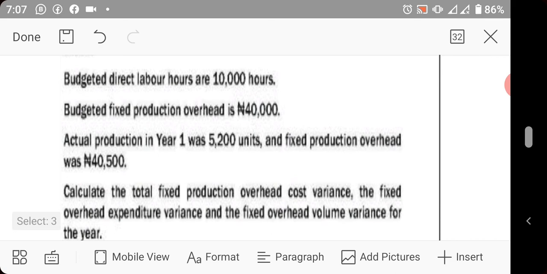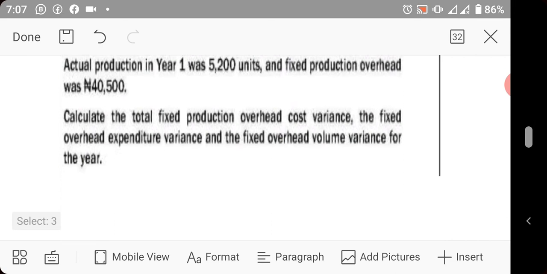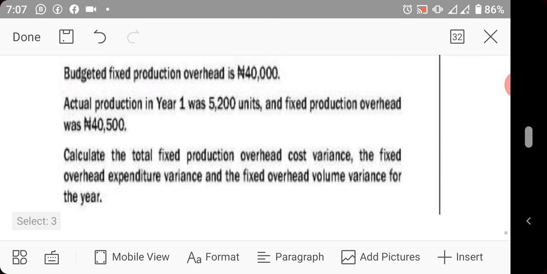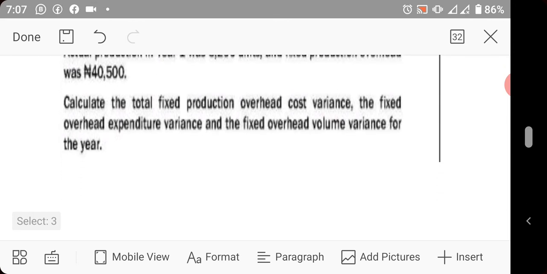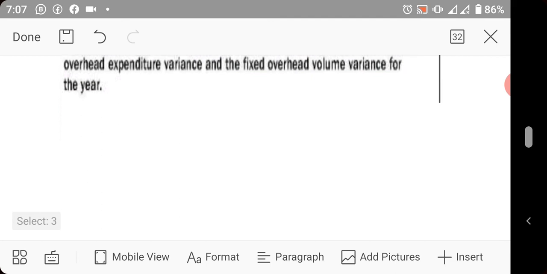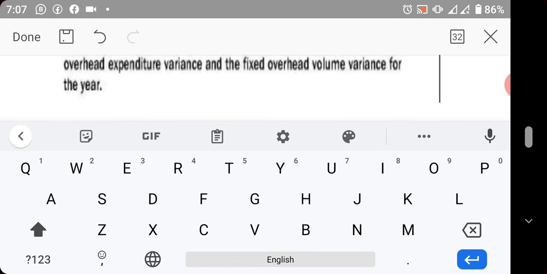Calculate the total fixed production overhead cost variance, the fixed overhead expenditure variance, and the fixed overhead volume variance for the year. So we're going to solve this question together. The first one we will be looking at is fixed production overhead cost variance.